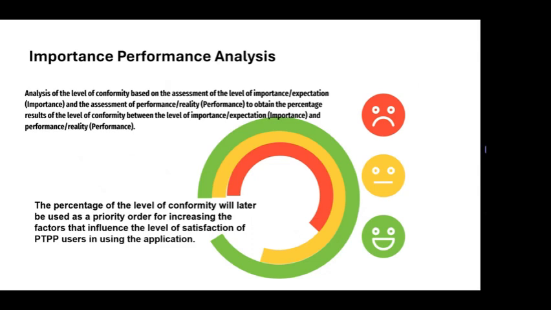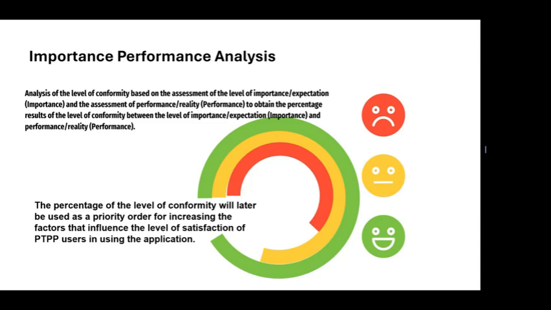So the importance performance analysis, or IPA, is an analysis of the level of conformity based on the assessment of the level of importance or expectation, which we call importance, and also the performance. It obtains the percentage result of the level of conformity between importance and performance.